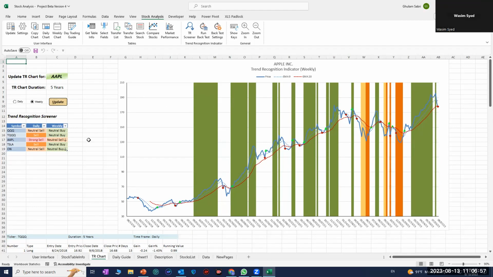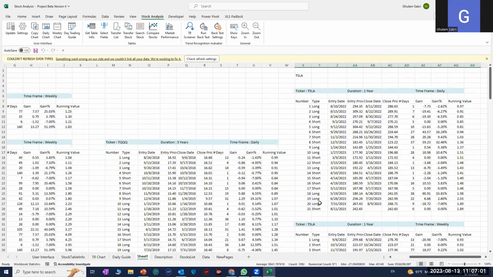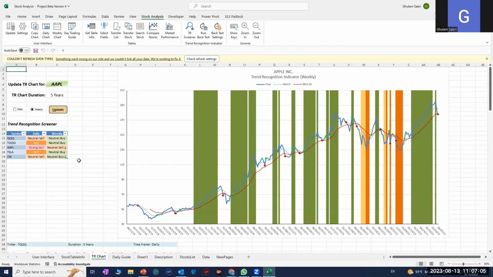So for example, Apple, 5 years, weekly. Let's run a back test on it. We are done.